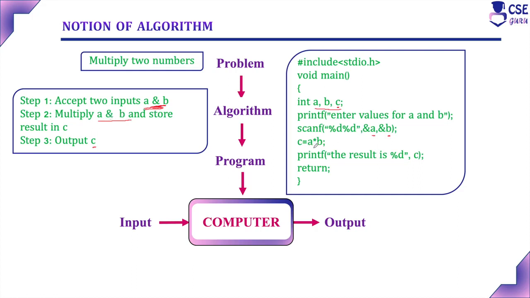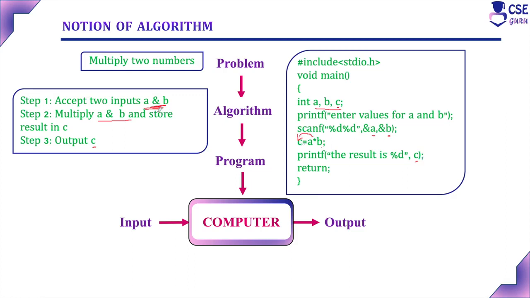So here we are multiplying the two values A and B and the result will be stored in the variable C. Next step, we need to display the output C. Here, using the printf statement, we are displaying the output C. So the logical part includes accepting two inputs, multiplying those two values, storing the result in variable C, and next displaying the output.